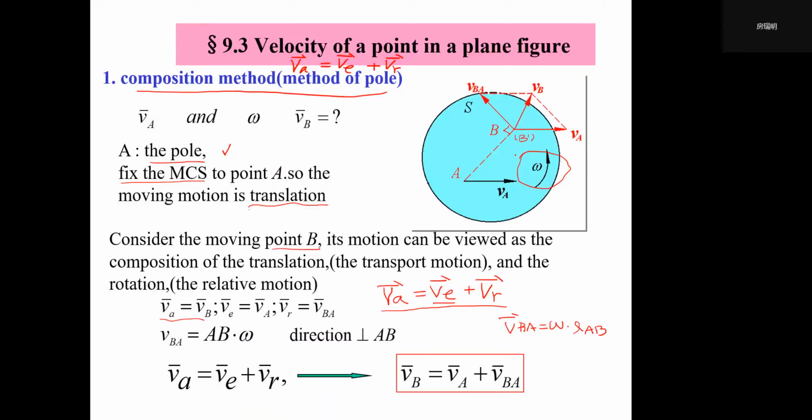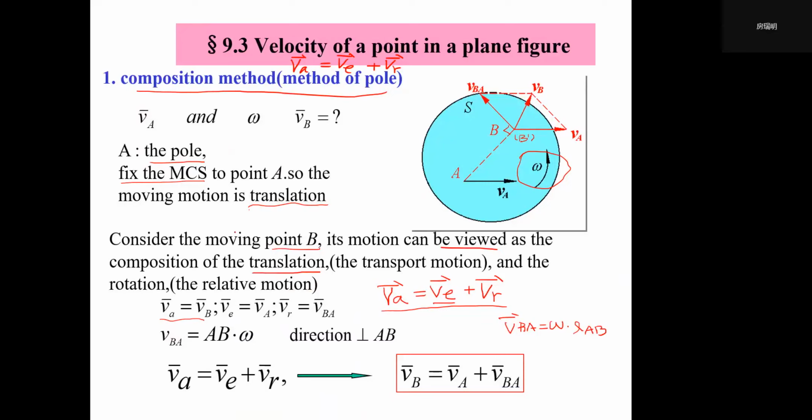So here, consider the moving point B. It's just any other point on this plane figure. So its motion can be viewed as a composition of translation, which is more like the transport motion VE, and rotation, which is more like relative motion.